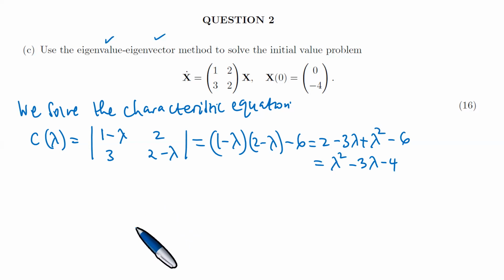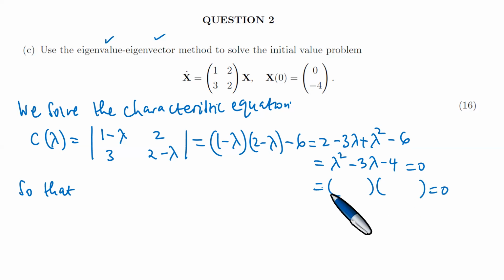But now, if this equals 0, first things first, let's factorize this. So you have (lambda minus 4)(lambda plus 1).